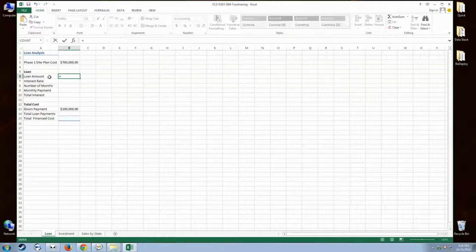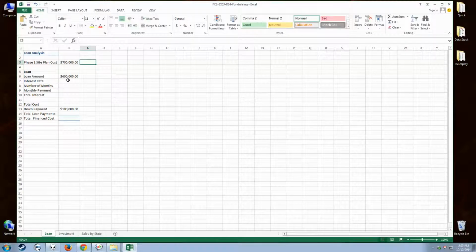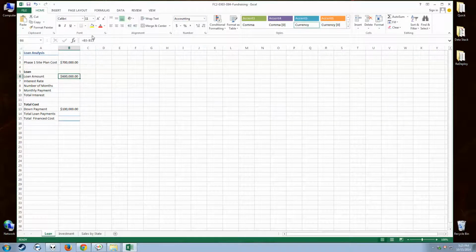Whenever you have something like a total loan amount, you're going to want to enter this as a formula instead of just 600,000, because not only will it give you 600,000, but if we find out, hey, we only need 650,000 instead, the math updates automatically. We don't have to worry about finding another cell and having a typo in there, or worse, forgetting to update some of our math down the line. Have Excel do as much of this for you as possible.